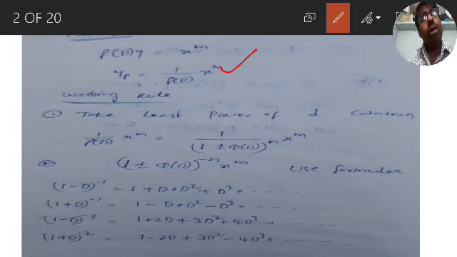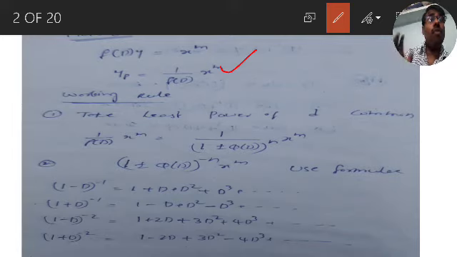Now when it is x to the power of m, what do we have to do? We have to take the least power of D common. It is only a 2 step working rule, guys. What is that? First of all, from the denominator, take the least power of D common.